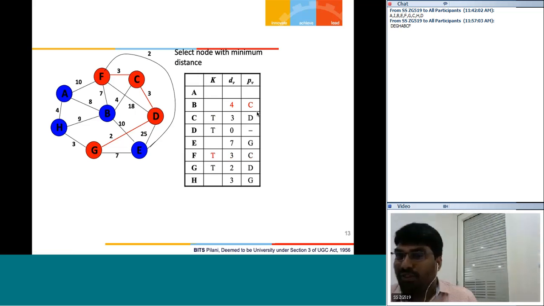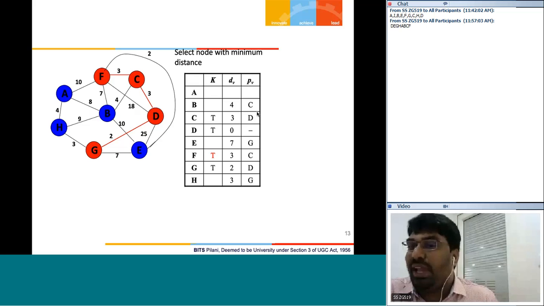F is 2. What are the adjacents of F, for instance? Say what are the adjacents of F? It is B, it is A, it is E. Yeah, and D is visited. So just for instance, we will see non-visited adjacents: B, A, and E. Now from F to E, I can go. So let me update that also.